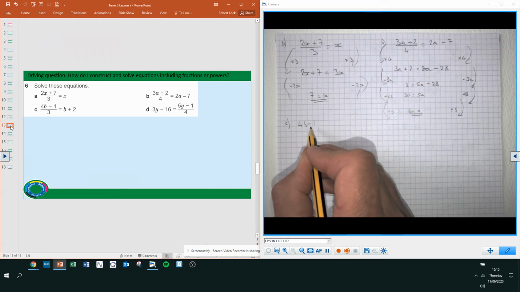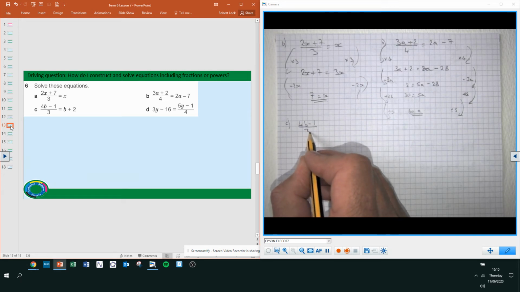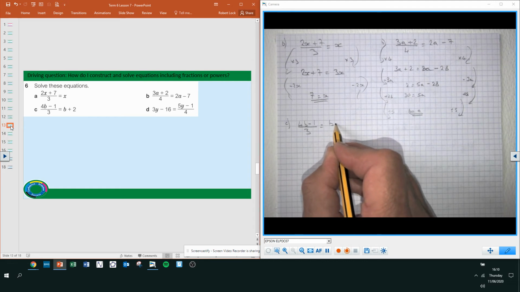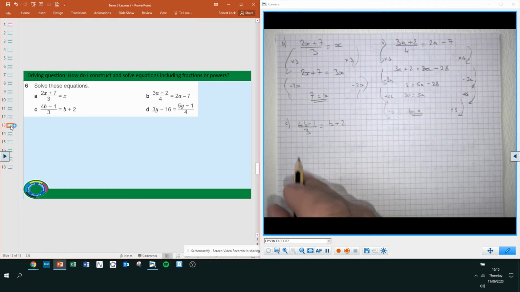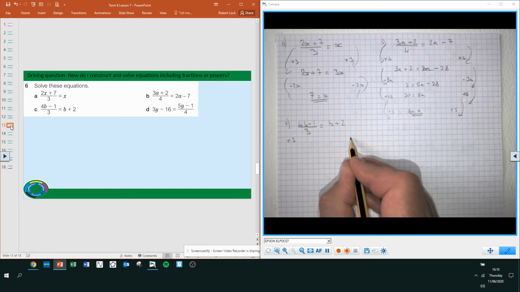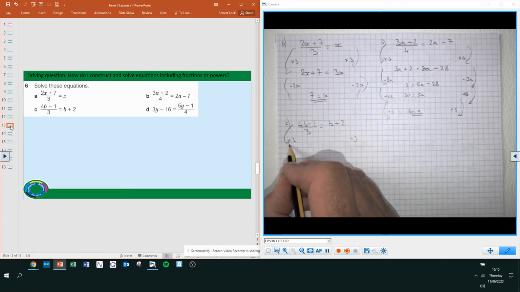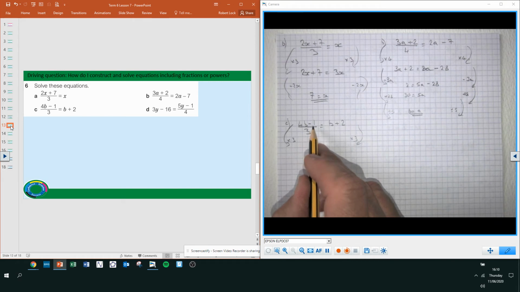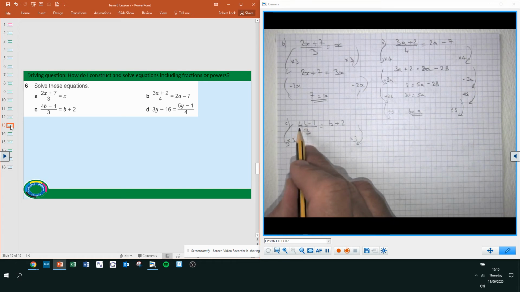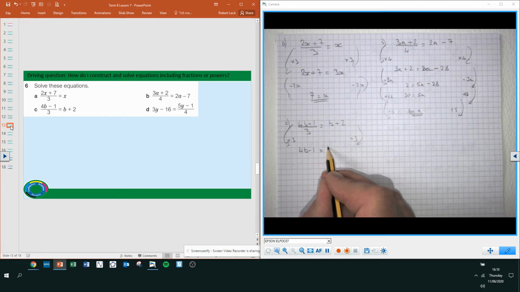4b minus 1 divided by 3 equals b plus 2. To get rid of divide by 3, we need to times everything by 3. And the reason why we don't times this, because it's the top, because the whole of it has been divided by 3. So timesing it, we end up with 4b minus 1 equals 3b plus 6.